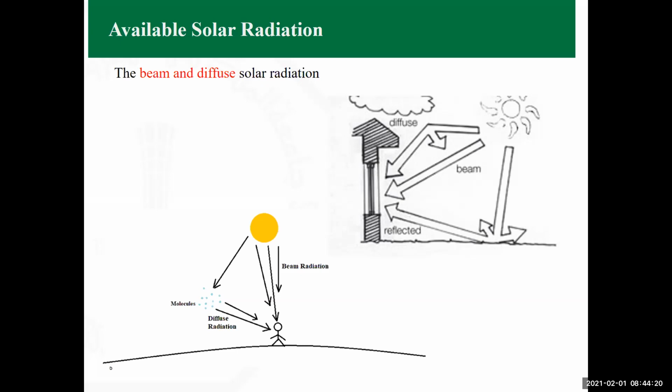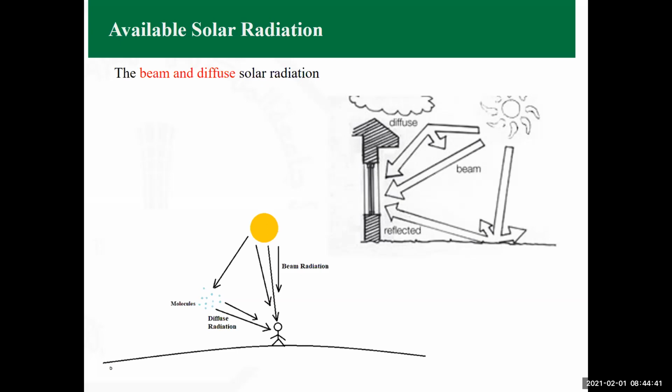We are receiving a combination of radiation, and this radiation is beam plus what is being reflected from other sources, including the particles that are diffusing the radiation. So if you need to talk about how much energy we are receiving, we are not receiving only beam radiation, we are receiving a combination.